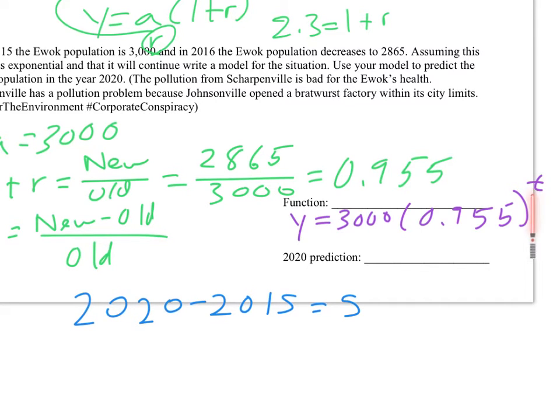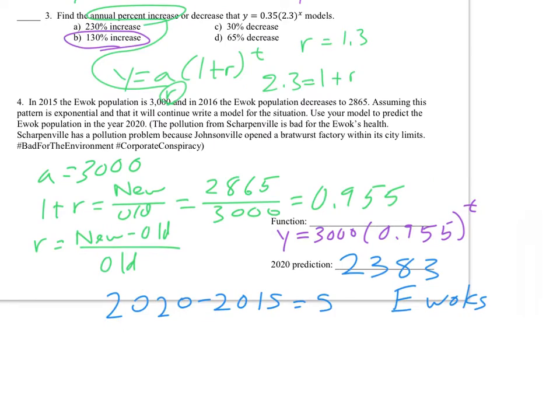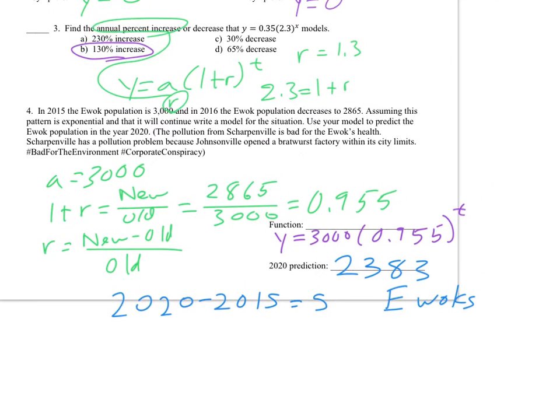So I'll go right in here for t, and then we'll see how many Ewoks are left in 2020. And to the nearest Ewok, I come up with 2,383 Ewoks. And so that's how that works out for us.